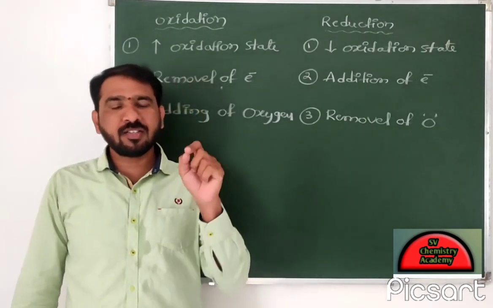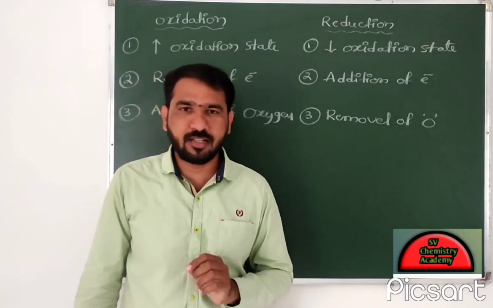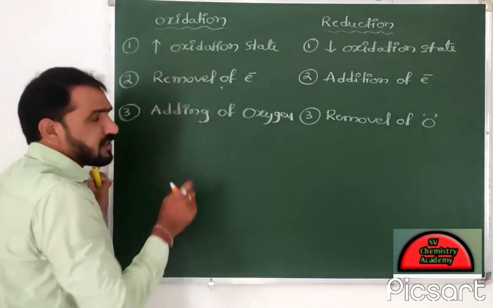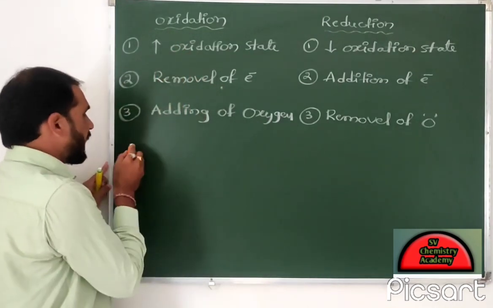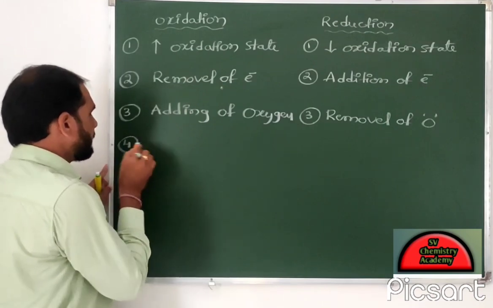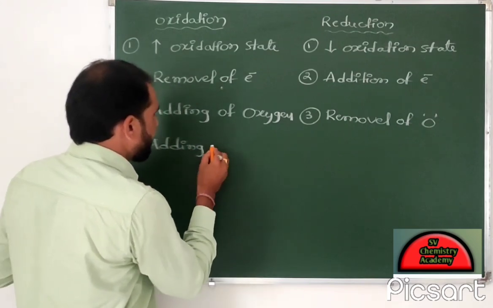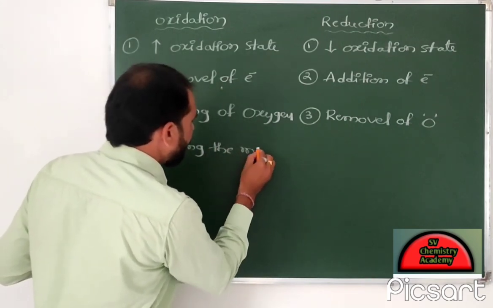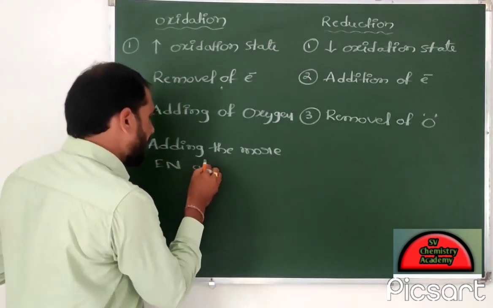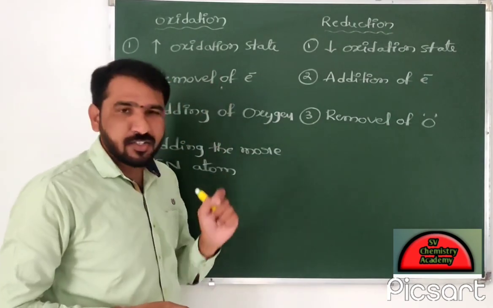It means oxygen is the second most electronegative atom in the periodic table. Oxygen adding process is called oxidation. So based on that fact, adding a more electronegative atom is also called an oxidation process.